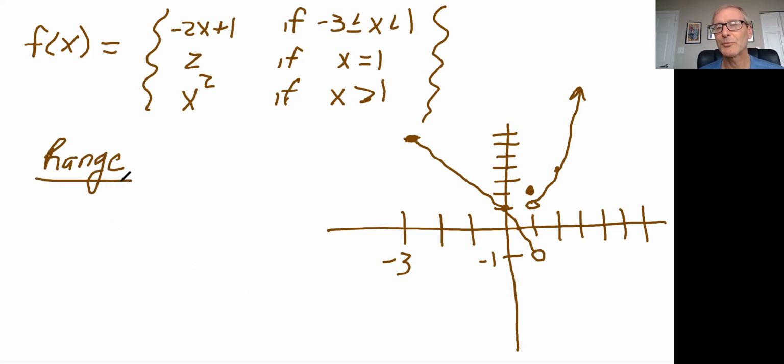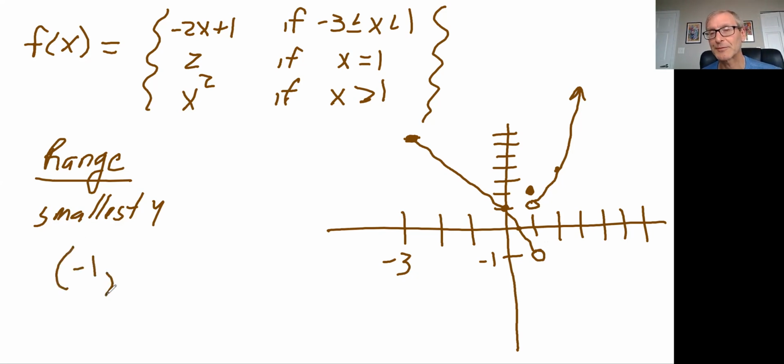Well, what is the smallest value of y? Smallest value of y. So down here, it looks like the smallest value is y equals -1, right? And it's an open circle. So that means that point doesn't include. So it starts at -1, and we have a parentheses there.